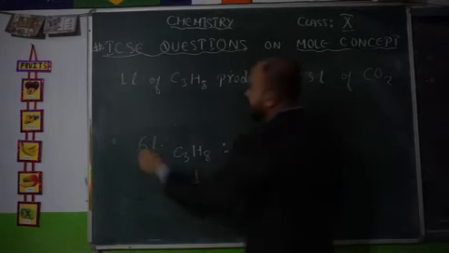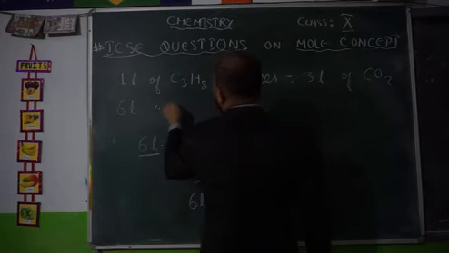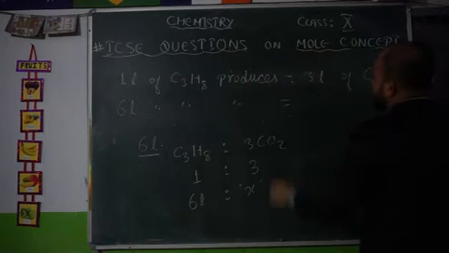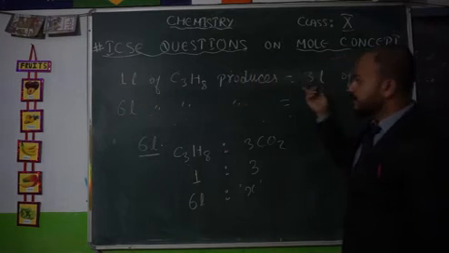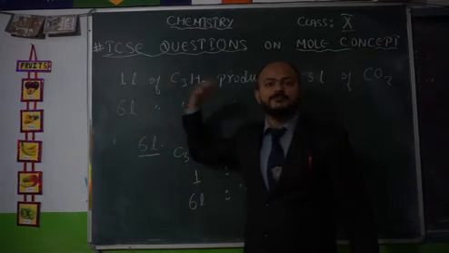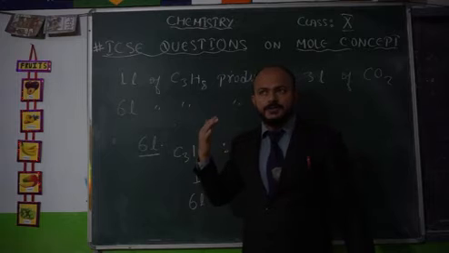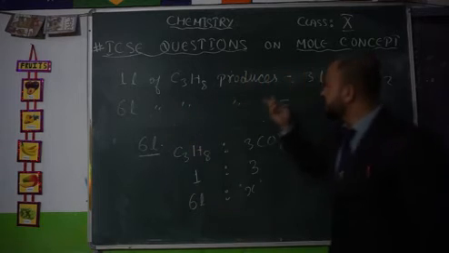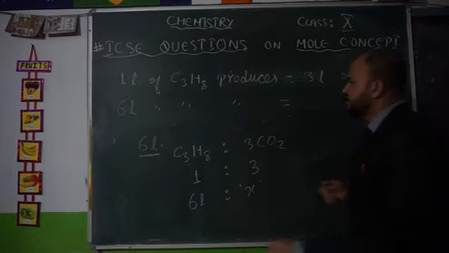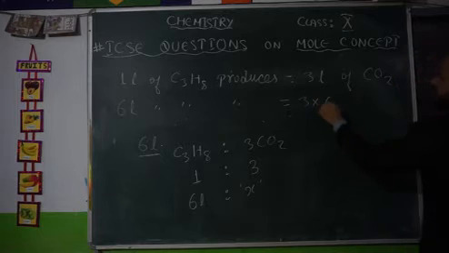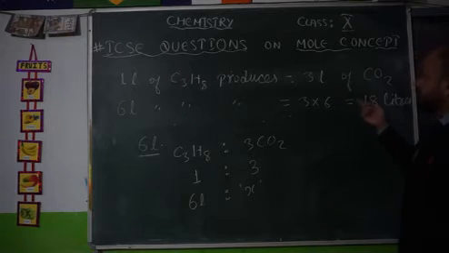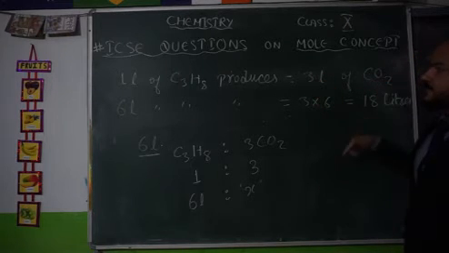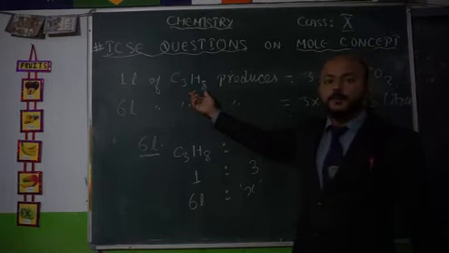If you take 6 liters of propane, then how much of this carbon dioxide will be produced? 1 is giving you 3, that means 6 will obviously give you more than 3. That means in such cases, whenever you assume it to be more than whatever quantity is given, you need to multiply. As I have told you in class lecture, so 3 into 6 will be equal to 18 liters. Okay, so 18 liters of this carbon dioxide is produced from propane.